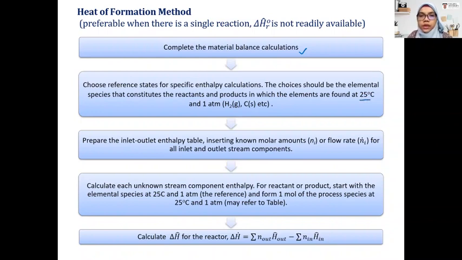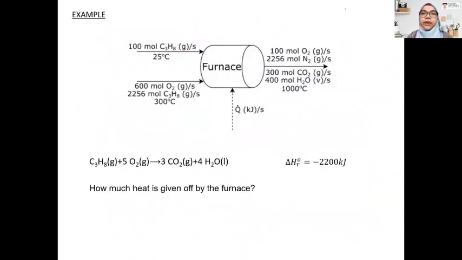Usually we use 25 degrees Celsius and 1 atm, but for the heat of formation method, we consider the elements. And then we can prepare the inlet outlet table, calculate the unknown stream, and finally solve for delta H or specific enthalpy.